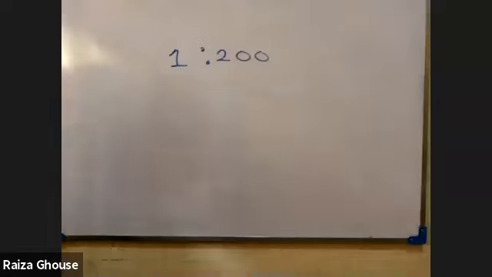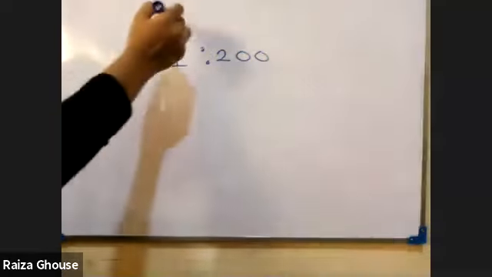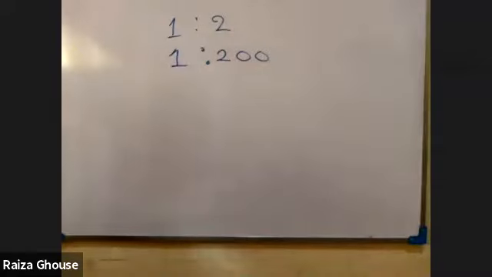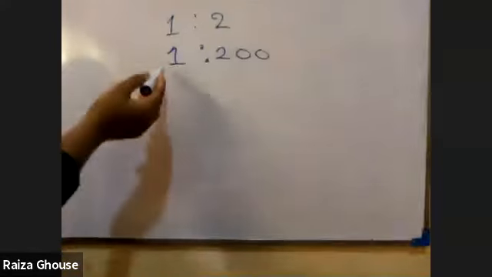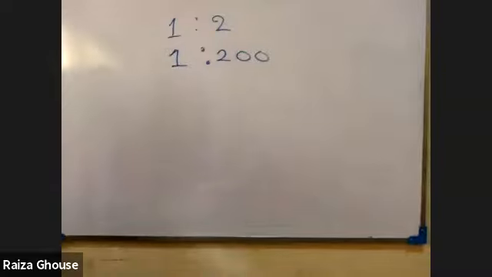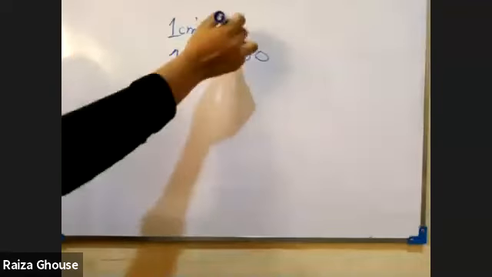Scale is written as, now, 1:200 I have written here. Before that I can write down 1:2. Just think like this. Now this 1:2, I have represented again as 1:200. What does it mean? In the first one, 1:2 means 1 centimeter represents 2 meters.